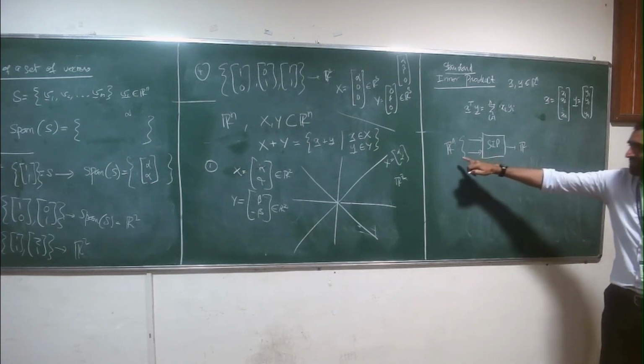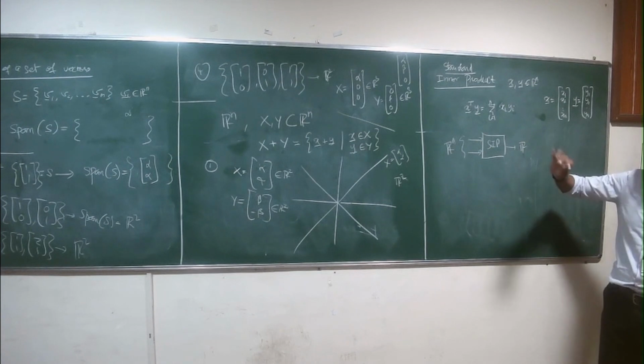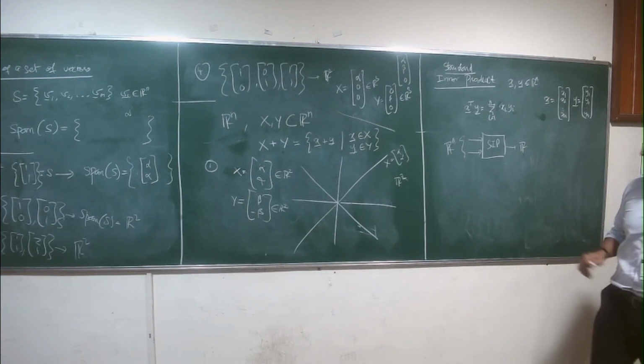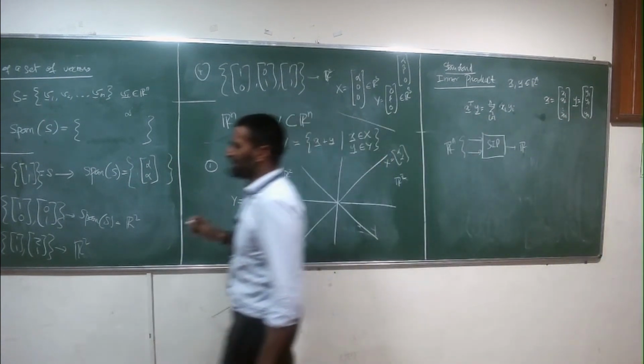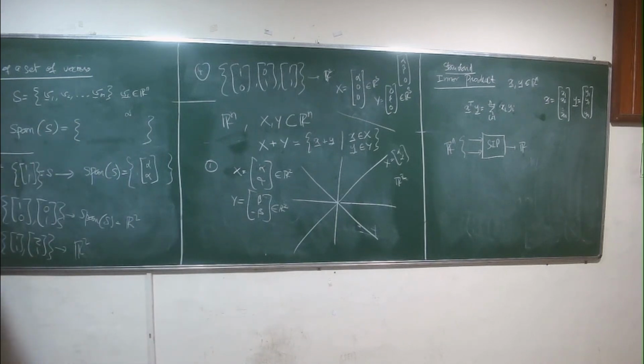If the elements are from Cn, then this will be a complex number, but we will not worry about that. It satisfies the first property, where the inner product of a vector with itself can be 0 only if your original vector is 0. It's commutative, associative, and distributive. Again, these are things you simply don't worry about, and in fact, from the definition, you can demonstrate that these properties are satisfied.